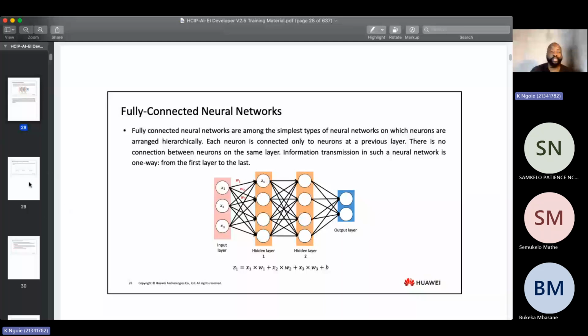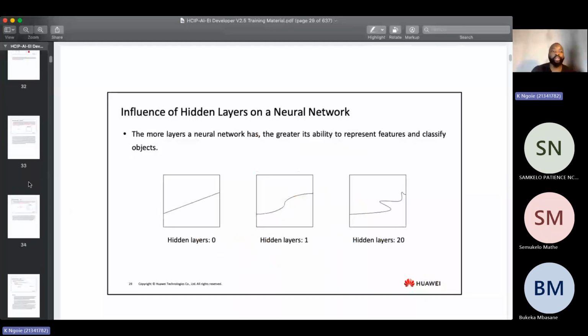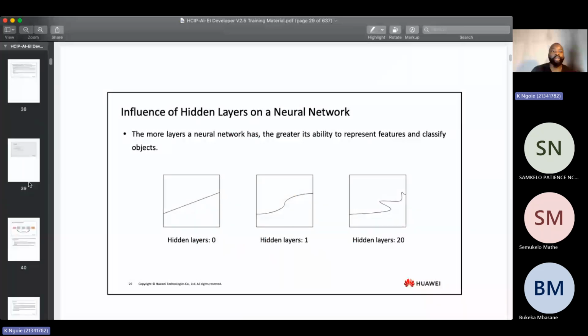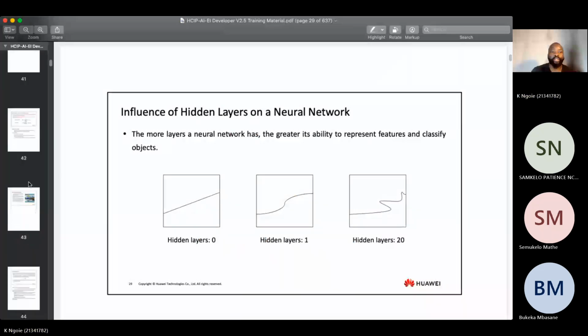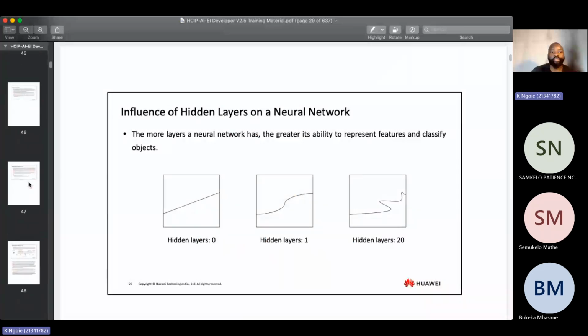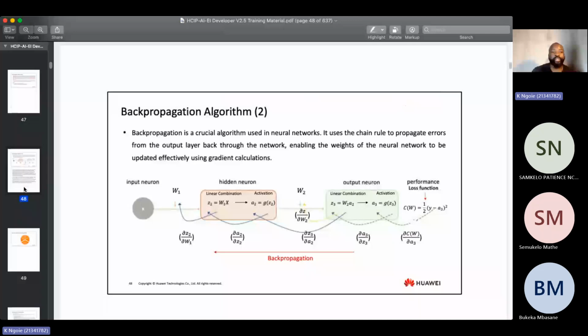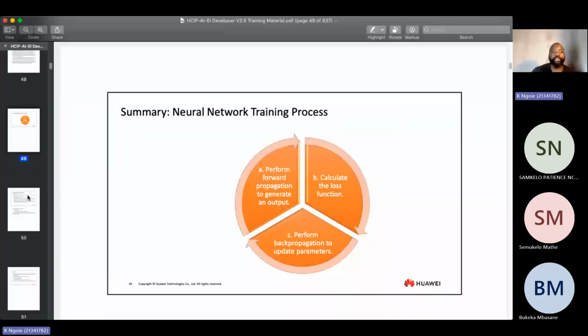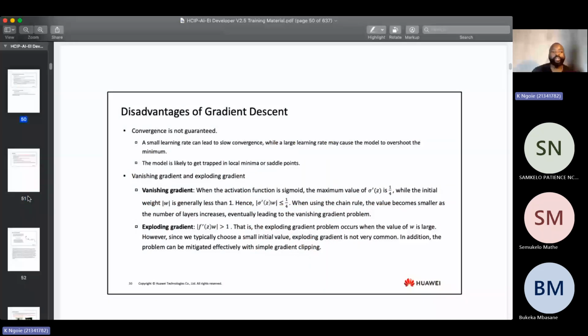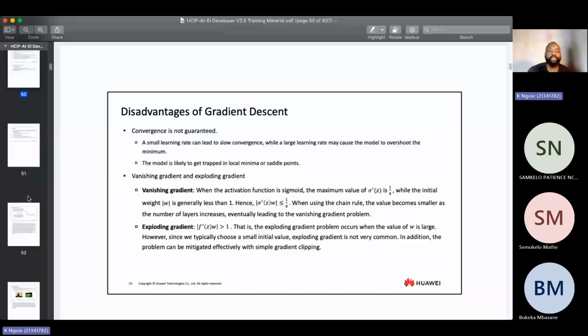So different activation functions have a different way of converting the output from the previous layer. If we have a sigmoid function or a softmax function, they will all convert it in a different way.